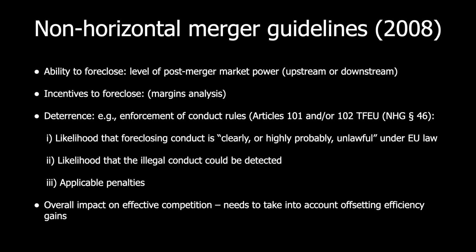So the Commission also assesses if those rules create a deterrent pressure that may dissuade the new vertically integrated firm from adopting a foreclosure strategy, even when it has the ability and incentive to do so.